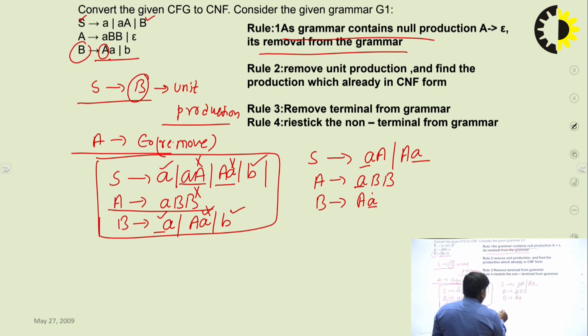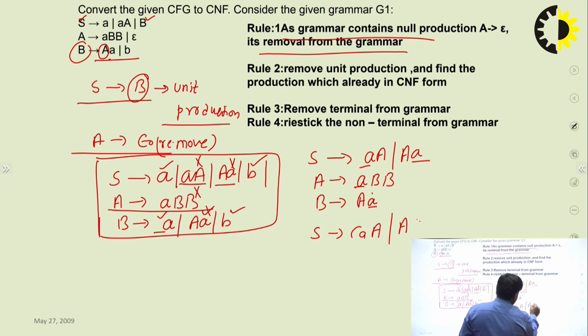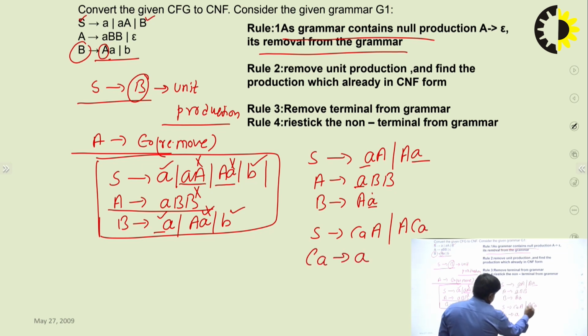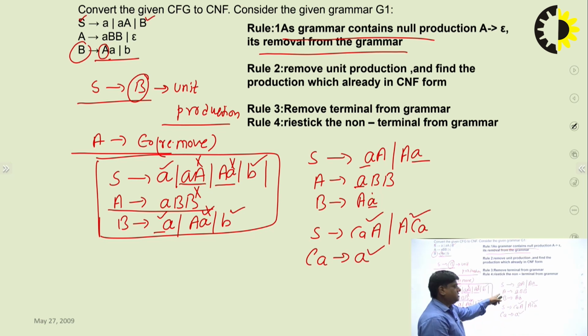Now we get S tends to CA and ACA, and CA tends to A. In this production we remove the terminal from the right side and find these two productions. Okay, now these productions are in CNF form. Similarly, we apply this rule.